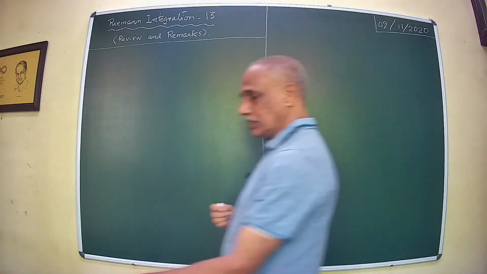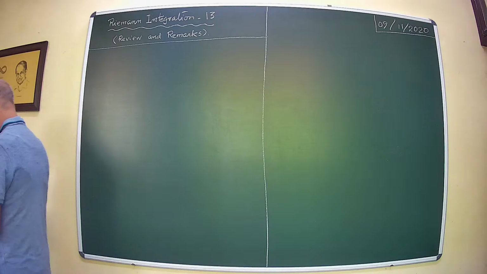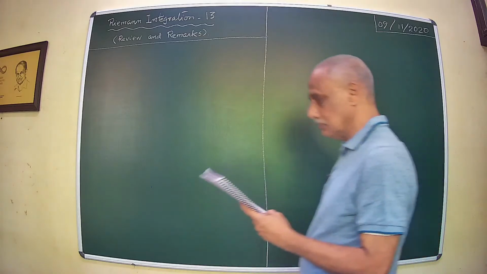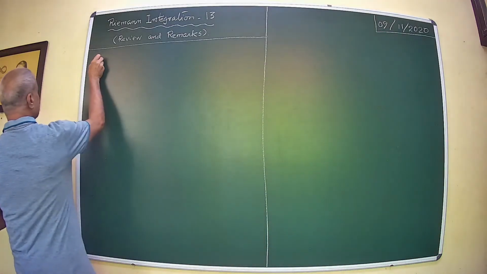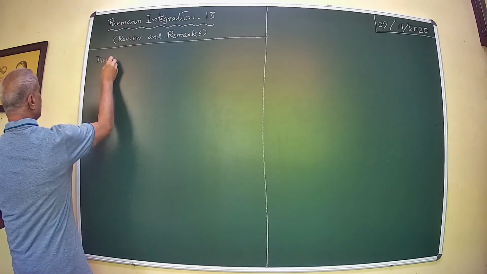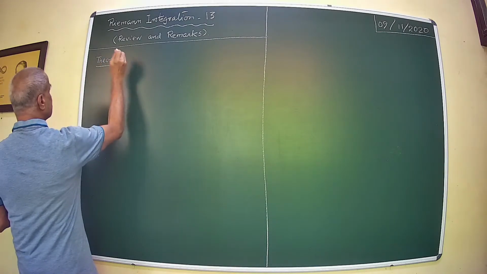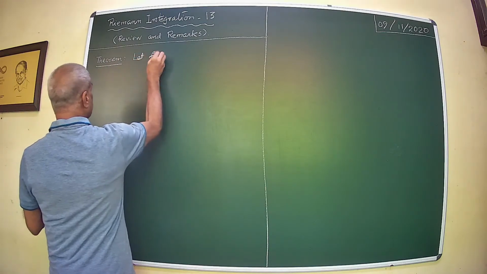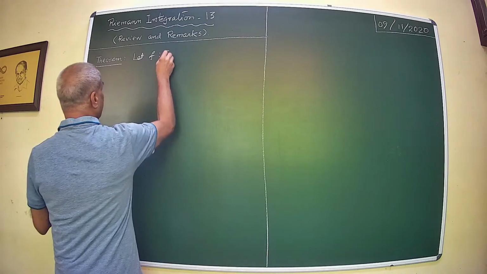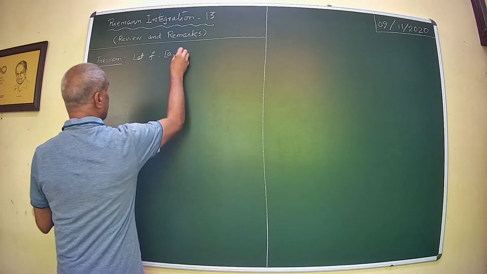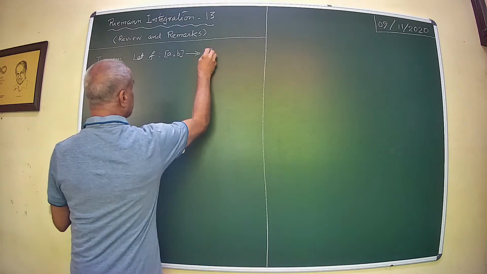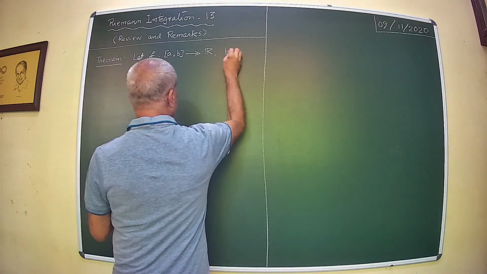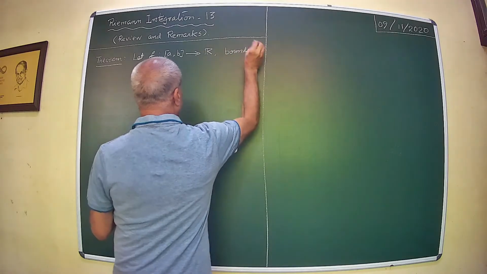So we revisit our fundamental theorem of calculus and then start making remarks on that. Let me just recall the fundamental theorem of calculus. For the sake of reference, let me just write this. We take a map f from a compact interval [a, b] to R, a real valued function, bounded and Riemann integrable.